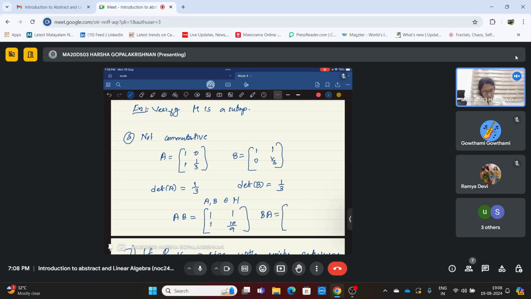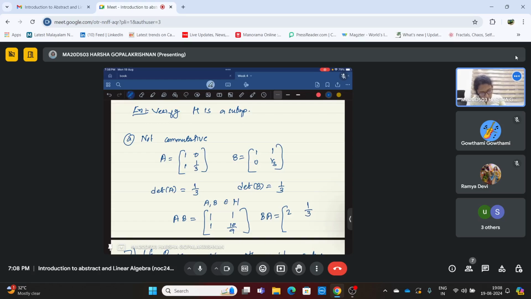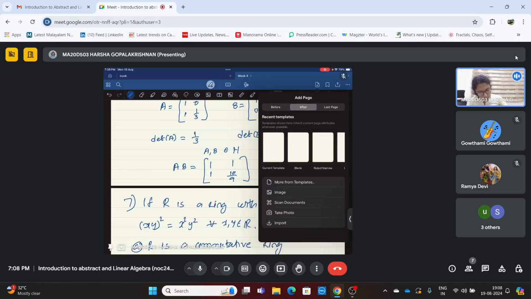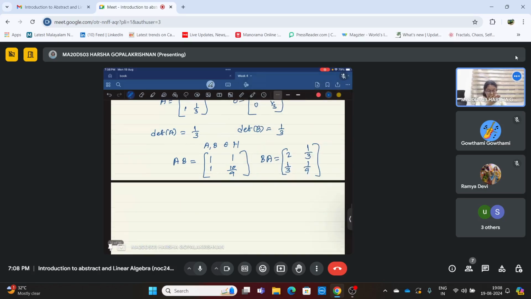And BA equal to 2, 1 by 3, 1 by 9, correct, right? From here only you can say the first elements differ, so AB and BA are not equal. Check the calculation also. Okay, here also AB and BA are not equal. Fine.